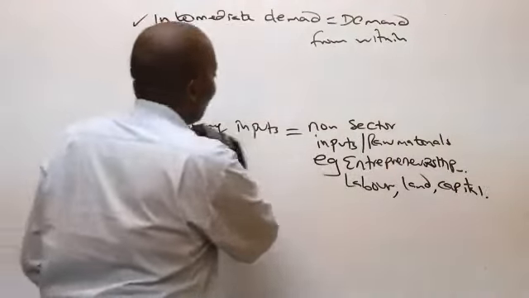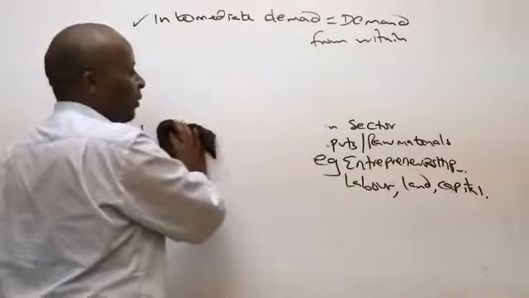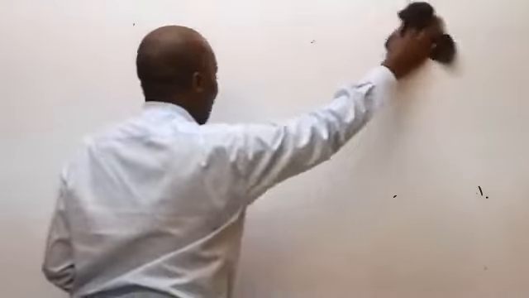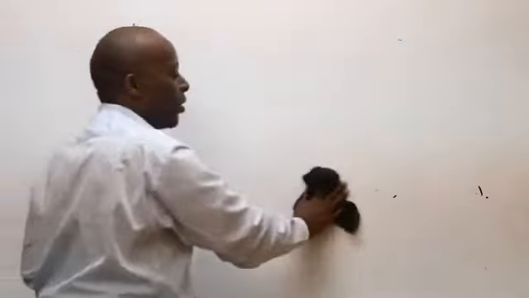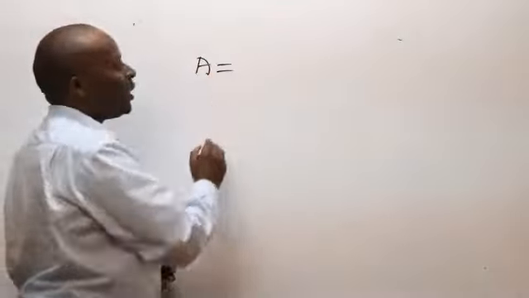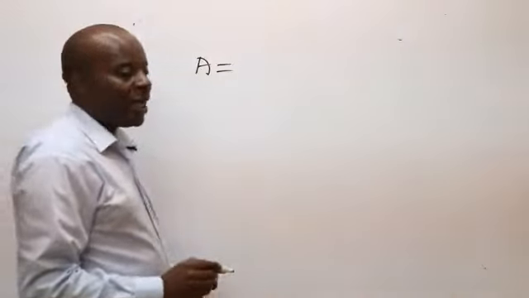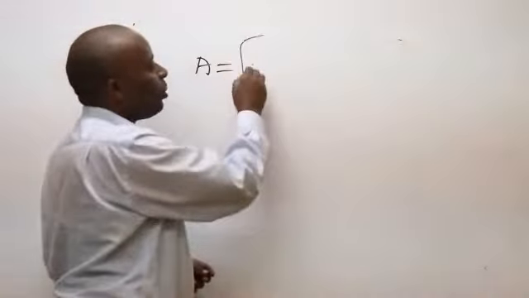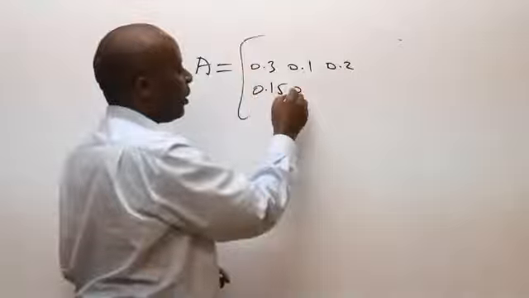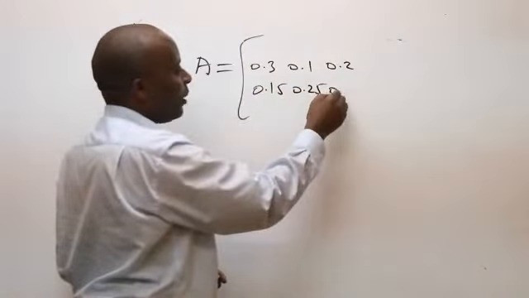If I was to be given a chance to set this exam of yours of August 30th, I'll come and give you a three sector thing. I'll give you A of 0.3, 0.1, maybe 0.2, 0.15, maybe 0.25, maybe 0.4.